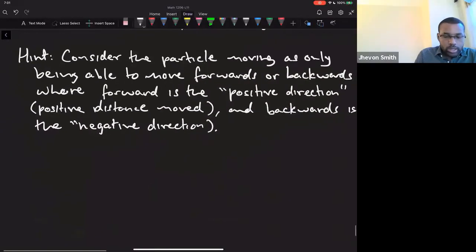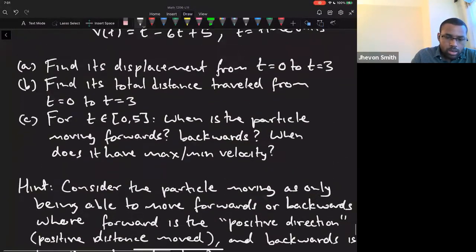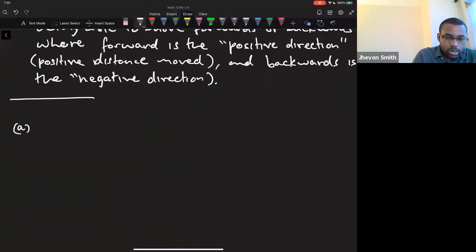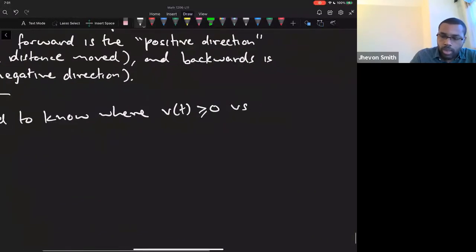Okay, so first, displacement. First of all, we need to know where our v of t is greater than 0 versus less than or equal to 0.